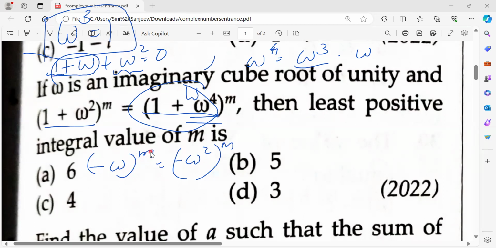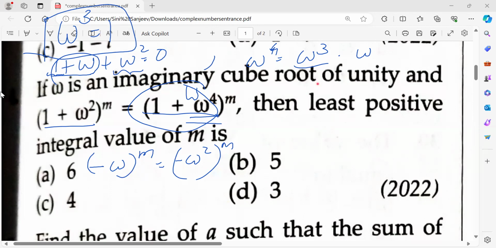So if I give the value m as 3, what is it coming?